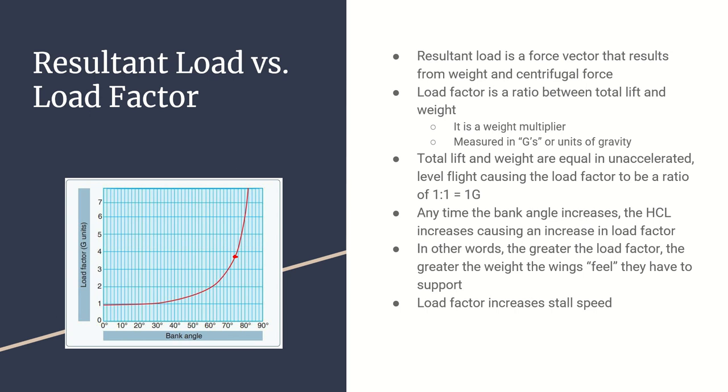So 4 times whatever that weight is that it has to support. So the 2,000 times the 4 gives us 8,000 pounds. That aircraft is having to support a weight of 8,000 pounds. That's what it feels like to the aircraft. So it's not going to like that very much, and it's going to probably break up.